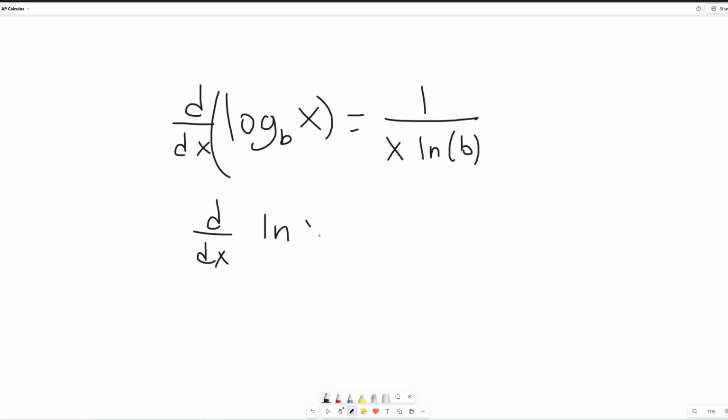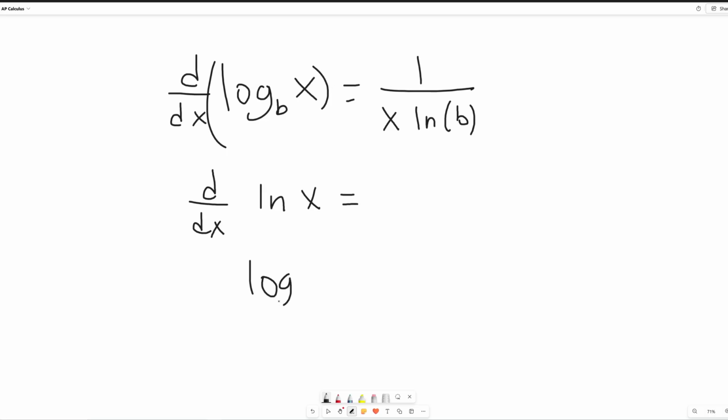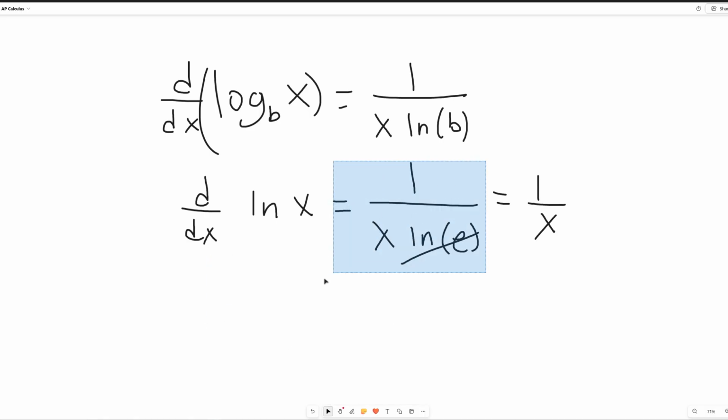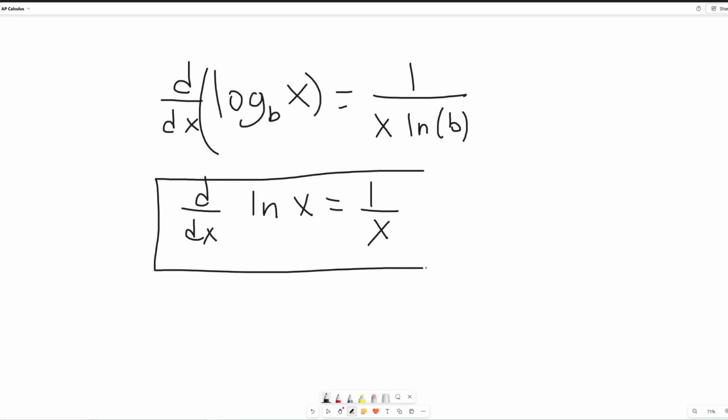Well, what is ln of x? Ln of x is a fancy way of writing log base e of x. So, 1 over x ln of the base, which is e. Ln of e is 1. So the derivative of ln of x is just 1 over x. Which is one of, if not the most important, relationships in all of calculus.